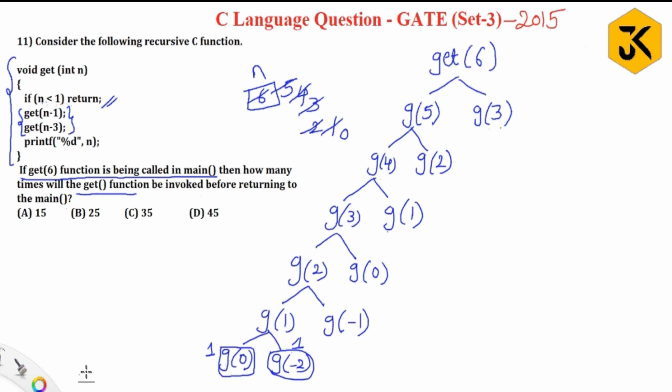So in total it is called 3 times up to here. Now get of minus 1 is called 1 time. Now for get of 2 to complete, it has to complete get of 1 and get of minus 1. Get of 1 is already known to be 3 calls, get of minus 1 one call. So 1 plus 3 is 4, and including get of 2, that is a total of 5 times.